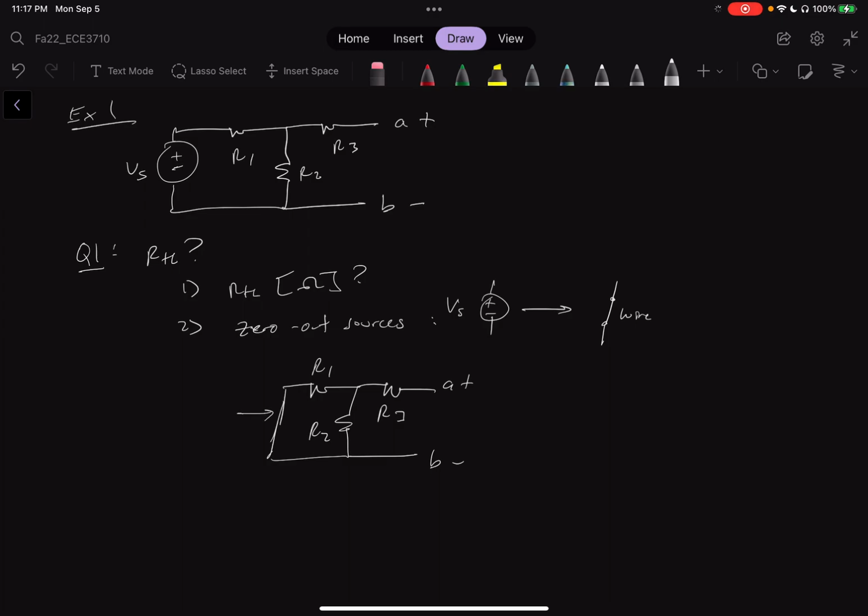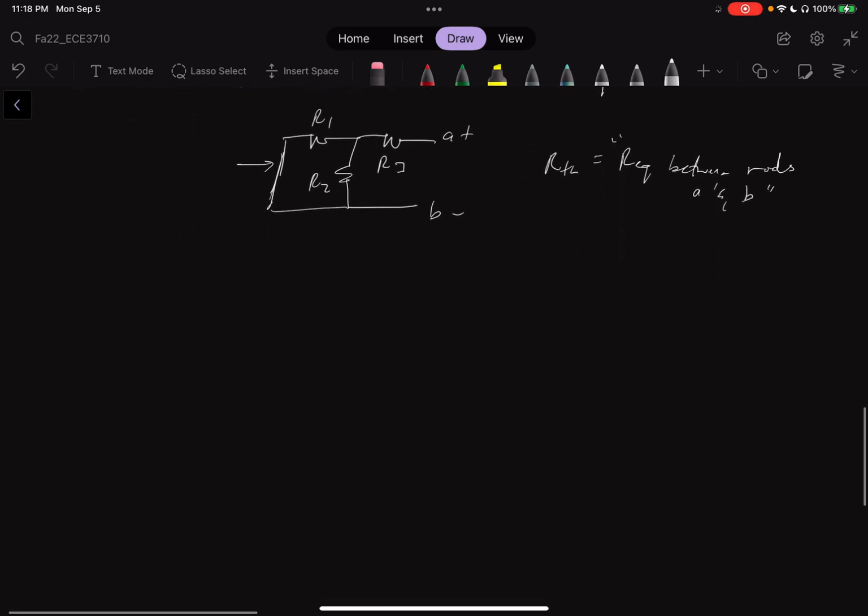If you look here, this is just a wire. No longer do we have a voltage source. Now we need to find R Thevenin, which is R equivalent between nodes A and B. So let's do that. Simplify this drawing.